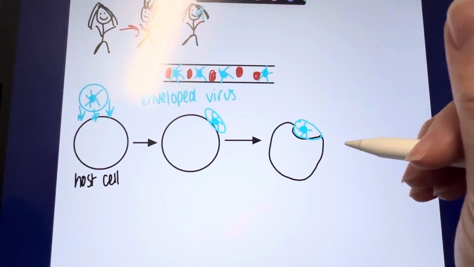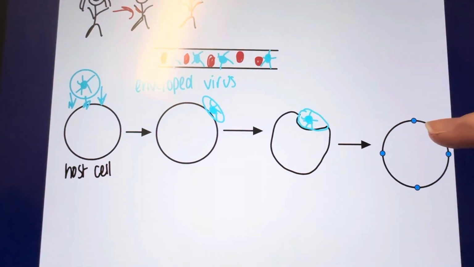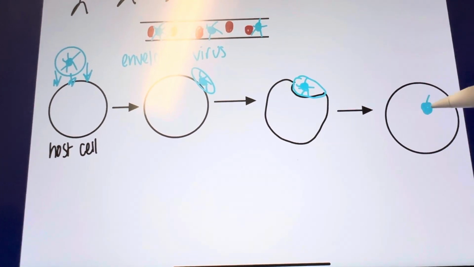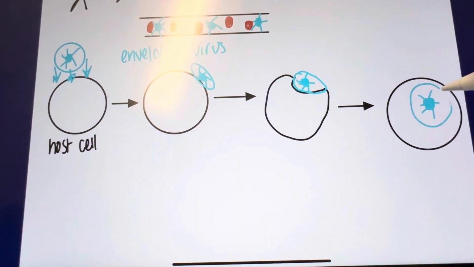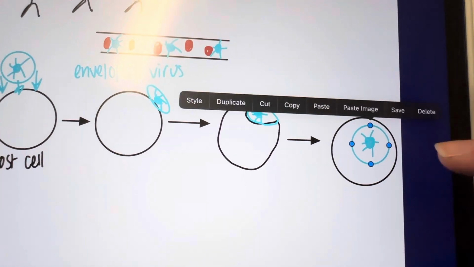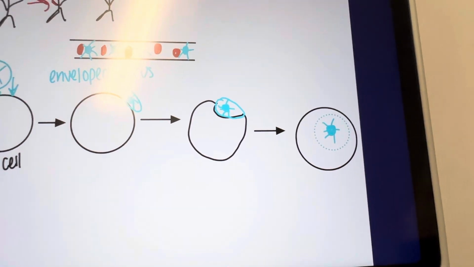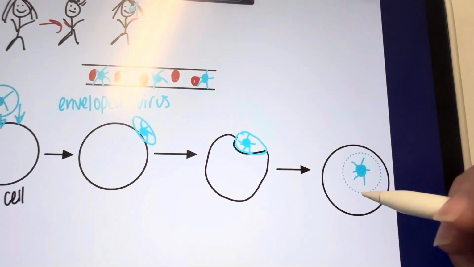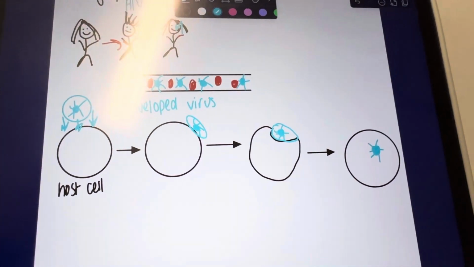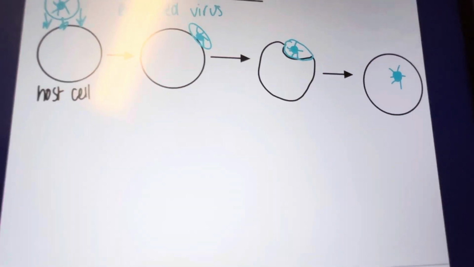And then the next step is that it would be in the cell, and then this envelope that's around the virus, once it's inside the cell, it kind of disintegrates, and then it just disappears, and then you're just left with a virus in the cell. Now, with just one virus in the cell, what happens after this?